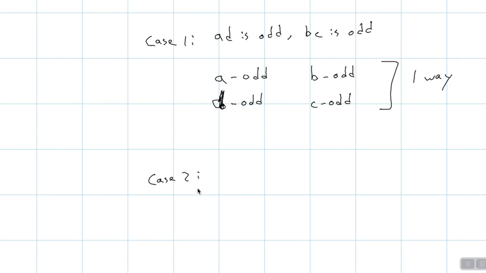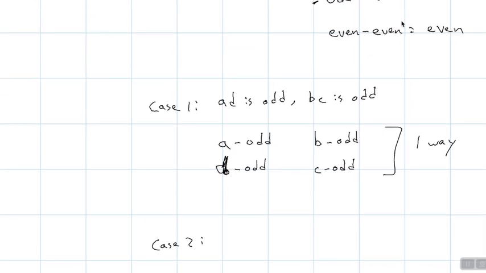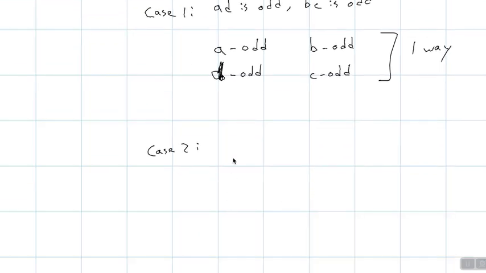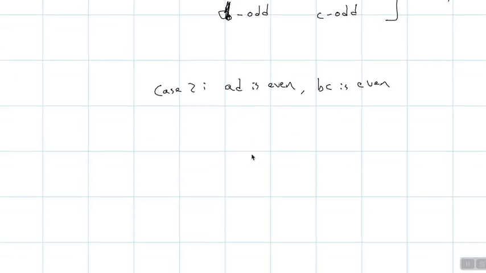So case two, looking at having an even minus an even, it's going to be true that AD is even and BC is even. And there are a lot of ways this can be achieved.